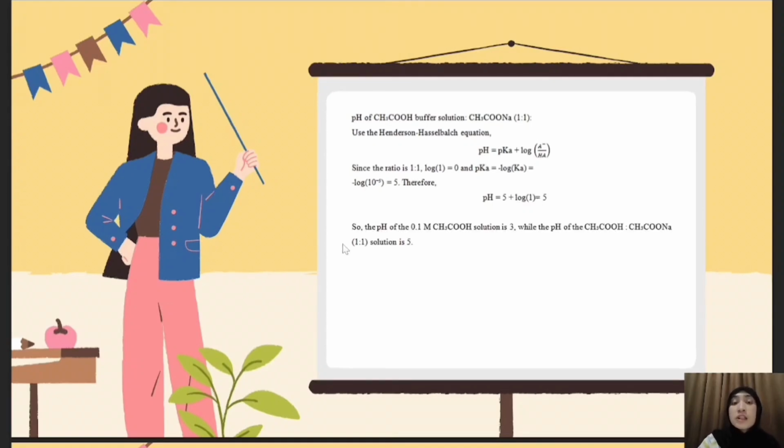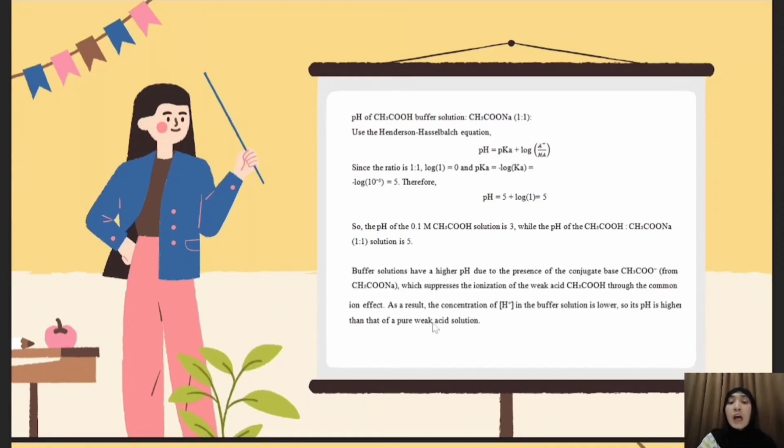So, the pH of the 0.1 M CH3COOH solution is 3, while the pH of the CH3COOH to CH3COONa 1 to 1 solution is 5.